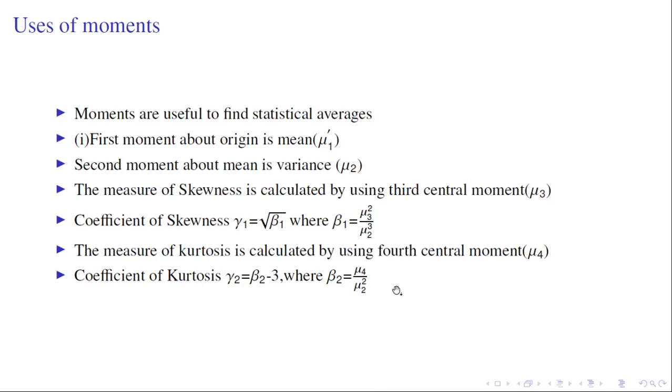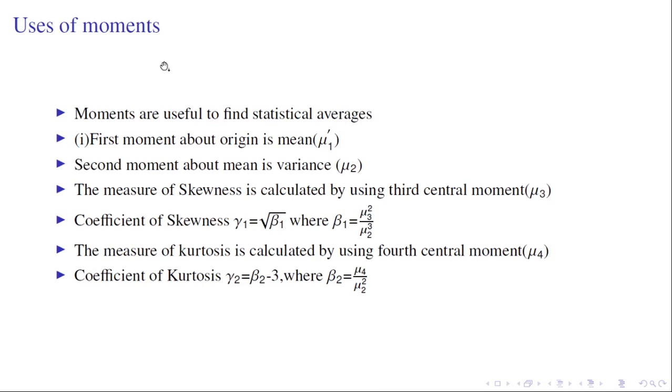We first calculate the first 4 raw moments and first 4 central moments. The first raw moment gives us the mean. The second central moment gives us variance. The third central moment is used to calculate the coefficient of skewness. The fourth central moment and second central moment are used to calculate the coefficient of kurtosis.